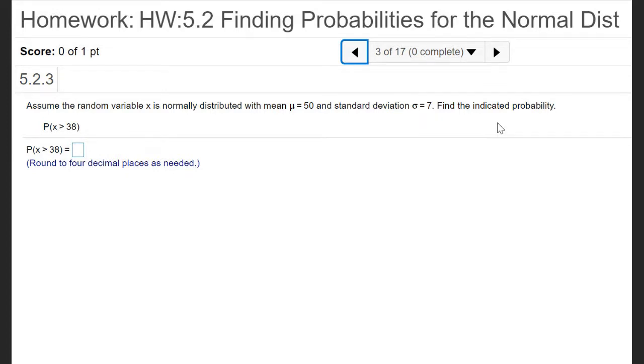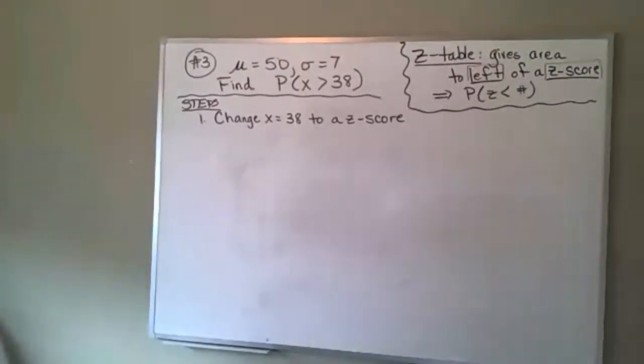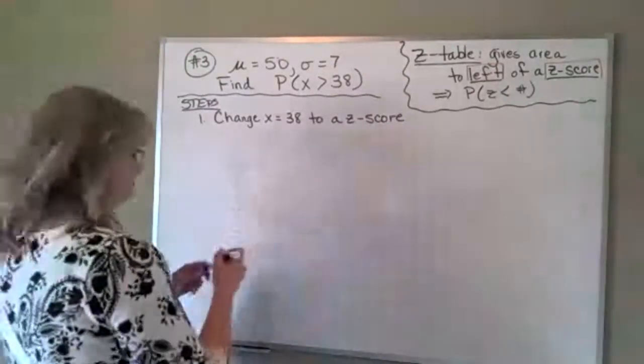In case you weren't sure how to get started, step 1 was to change that number, 38, to a z-score. And make sure you label it.